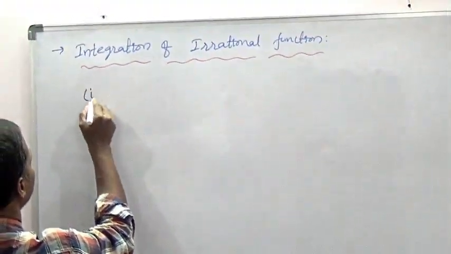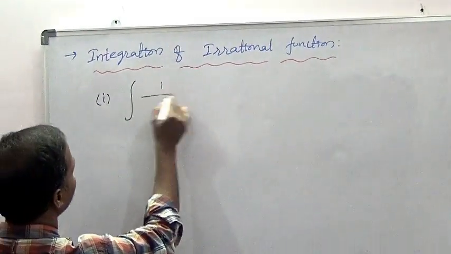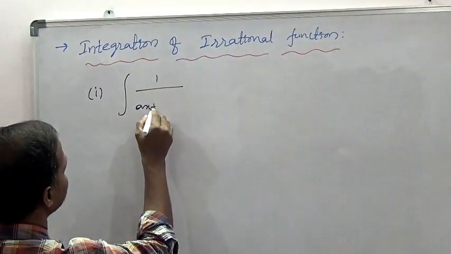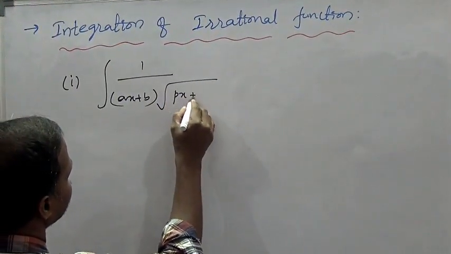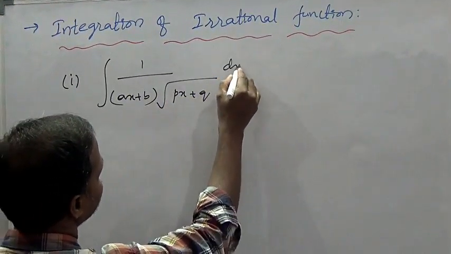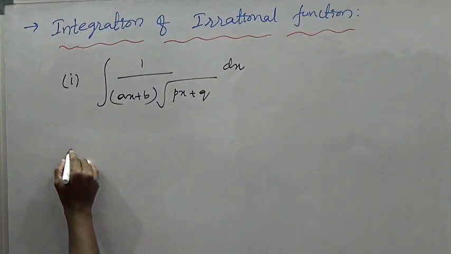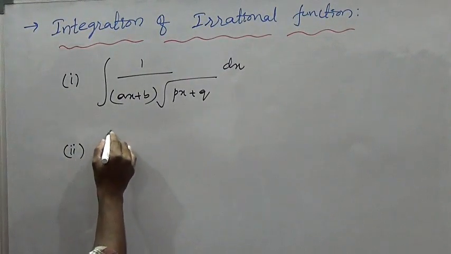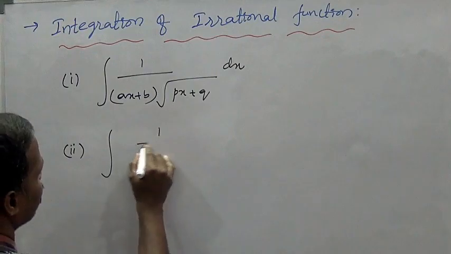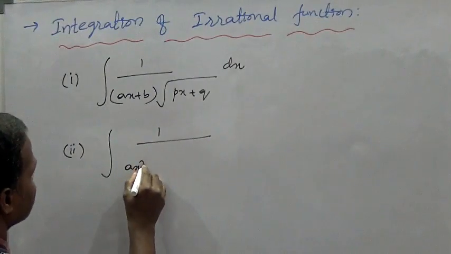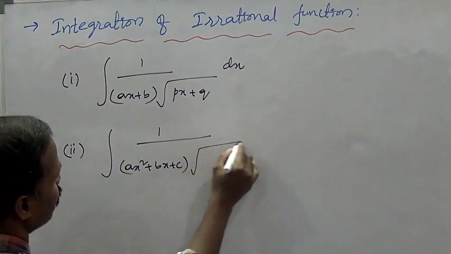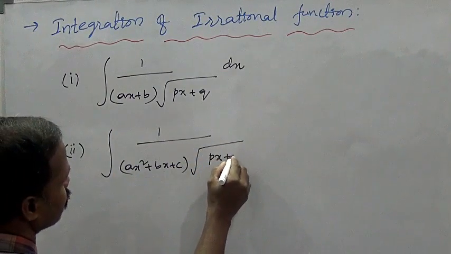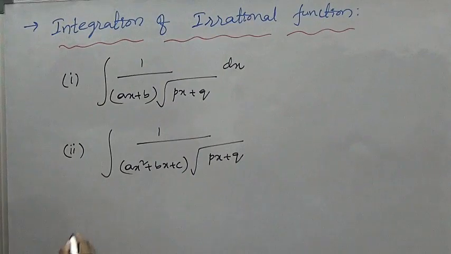Suppose the function is of the form integral 1 by ax plus b square root of px plus q dx, and integral 1 by ax square plus bx plus c into square root of px plus q. These are the irrational functions.